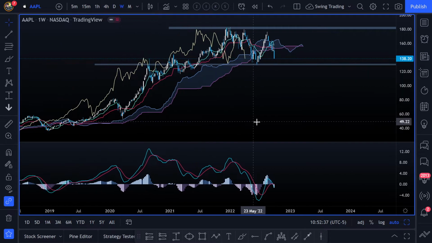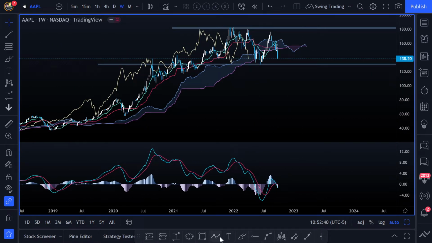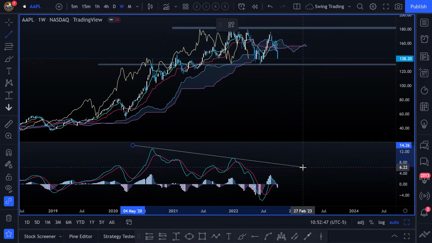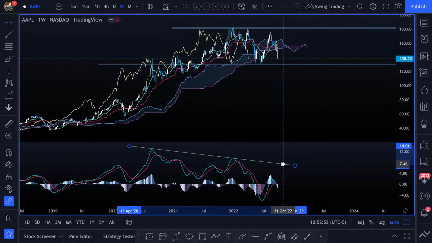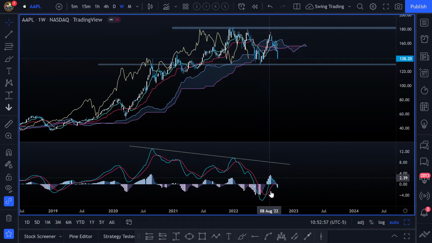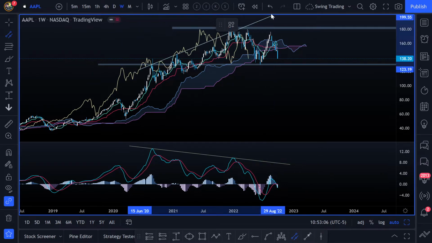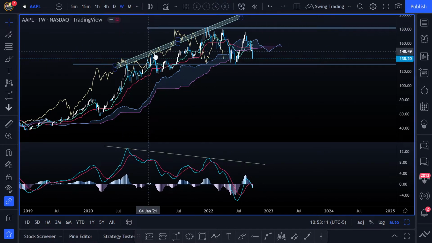Okay, so I'm going to draw that bearish divergence I talked about a few minutes ago. So there it is. Lower highs on the MACD and higher highs on the price. Something like that.